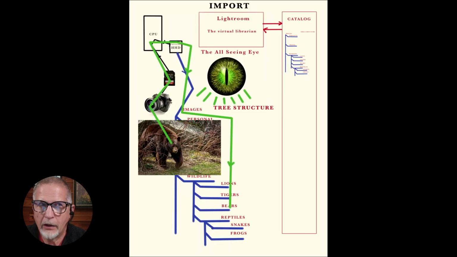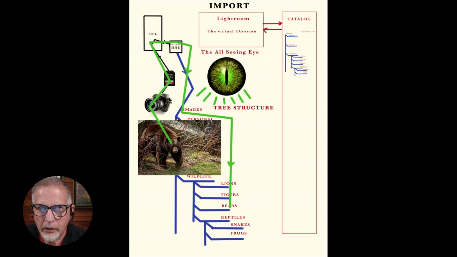And essentially that catalog is a 3x5 card of where that image resides on your computer, a thumbnail of that image, the metadata from that image, and how you would like to edit it, all stored on that 3x5 card, which we call an XMP file.